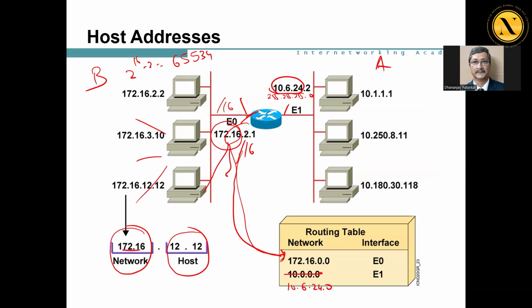Had somebody given here 255.255.255.0, then here it would have been 172.16.2.0. Understood? Something like this. So it will do Boolean ANDing. The router takes the interface IP address and subnet mask, does Boolean ANDing and says, okay, this device belongs to this network, right? Likewise. Okay?